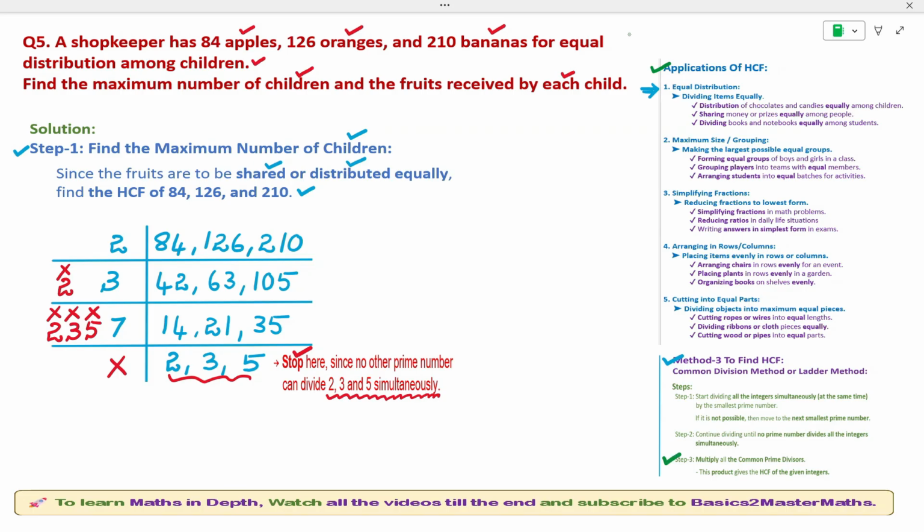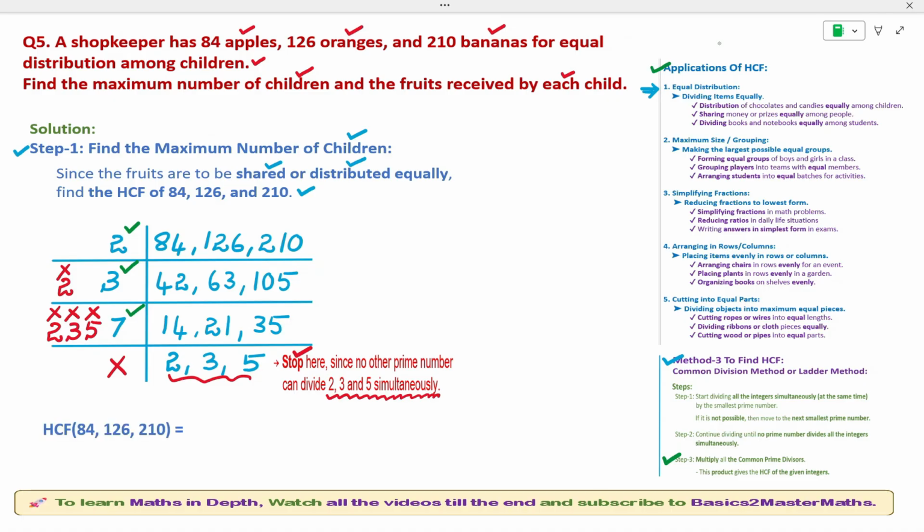Finally, multiply all the common prime divisors. In this case, they are 2, 3 and 7.